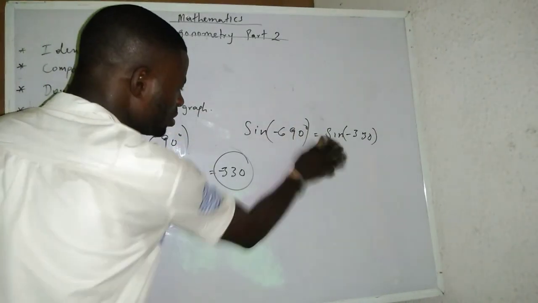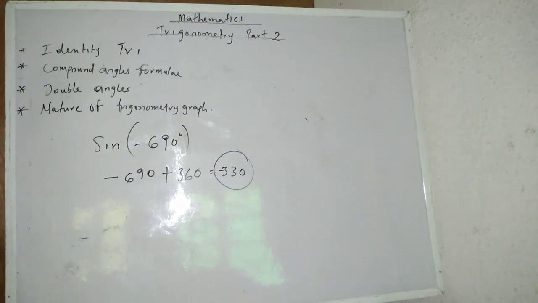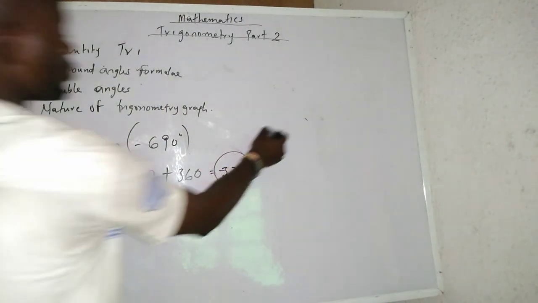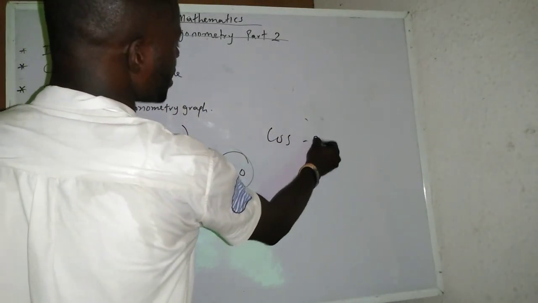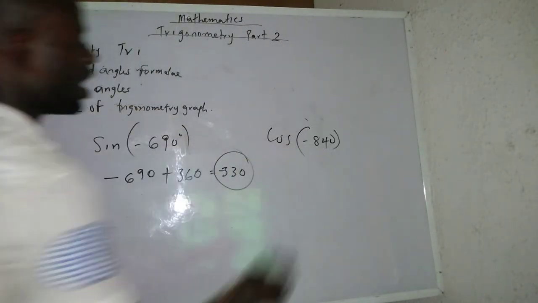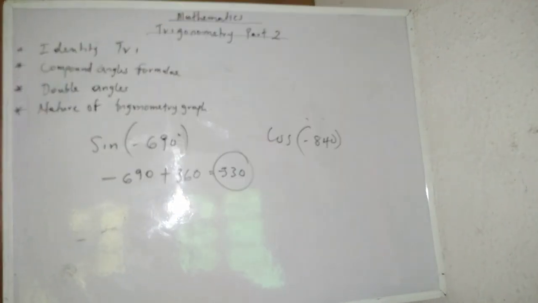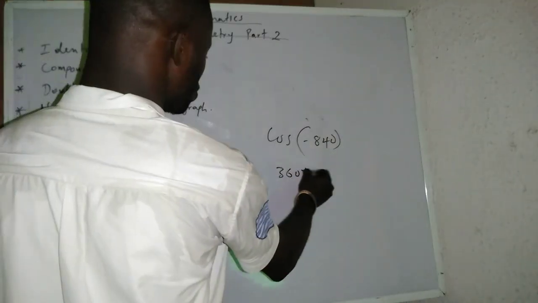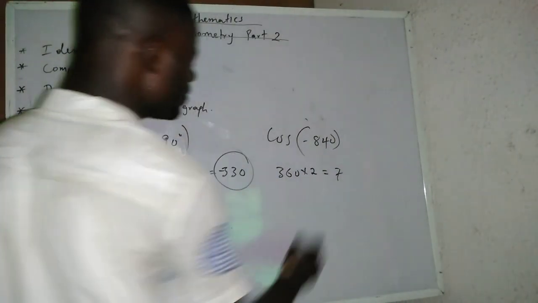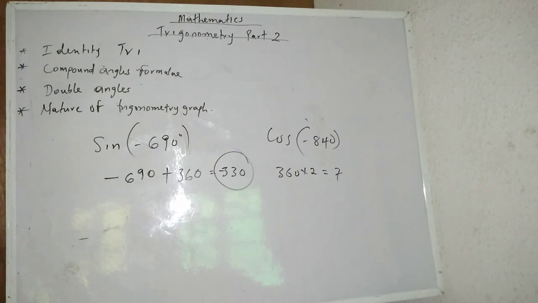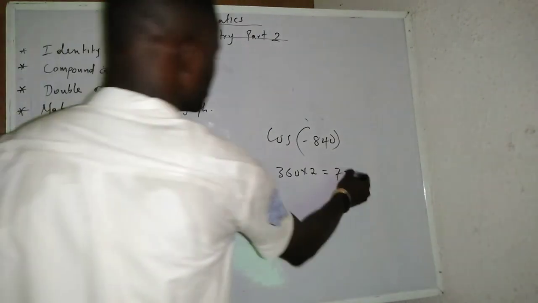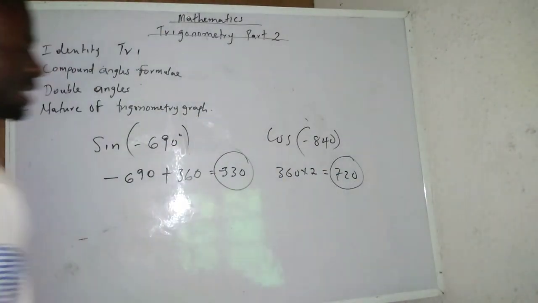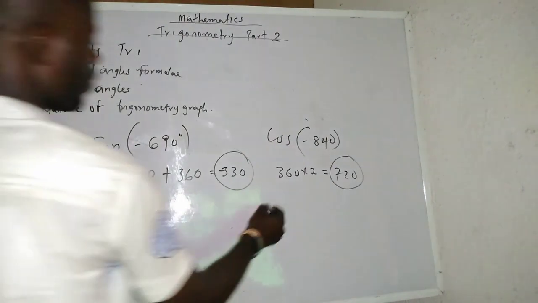If I have another one, for instance, cos of minus 840 degrees. If I double 360, that is 360 times 2, it gives me 720. I can use this 720 to manipulate it.